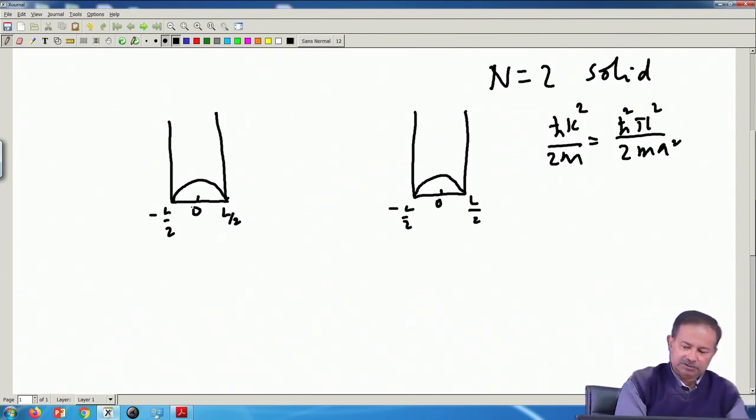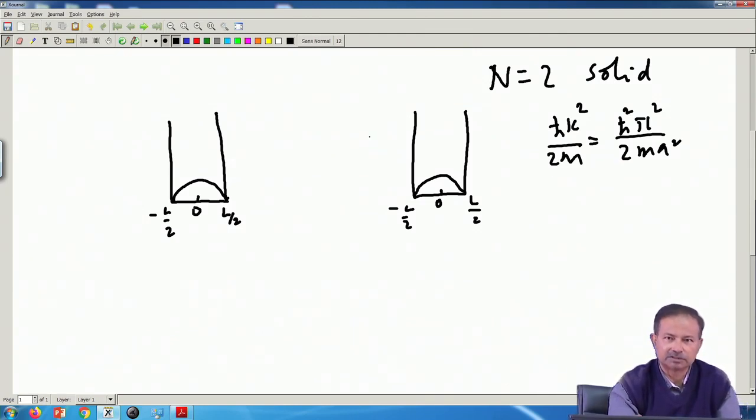Now, when these two are brought close together, at some point the wave functions start talking to each other. Of course, if you have an infinite potential, there is no way these electrons can talk to each other, but suppose the potential is now considered finite and these electrons are allowed to talk to each other.